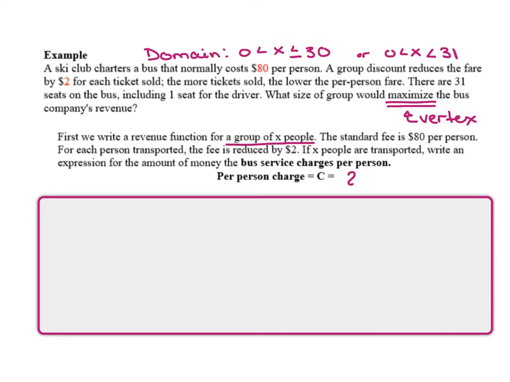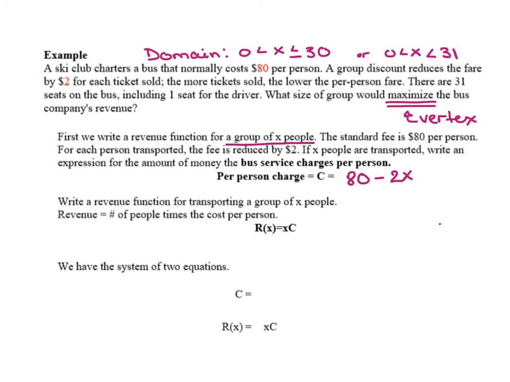Let's start with the per person charge, or the cost per person. This would be 80 minus 2x. Now we need to look at the revenue function. Remember, that's the number of people going times the cost. So again, our cost was 80 minus 2x. Multiply that by the number of people going, which is x.